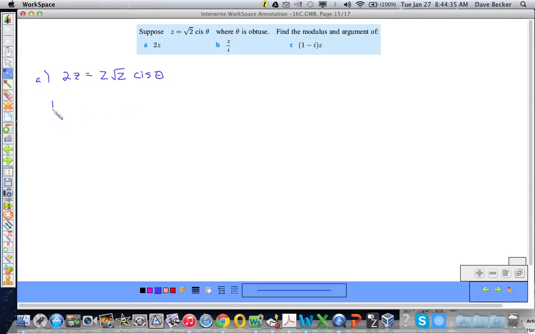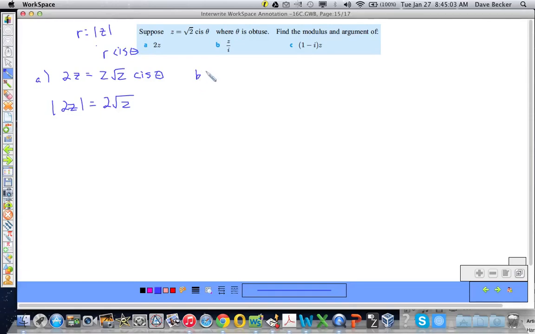So that means mod of 2z must be equal to 2 root 2. Remember, because this is of the form r cis theta, it's in polar form, and r is equal to mod z, whatever the complex number is. And our z is actually 2z in this case.